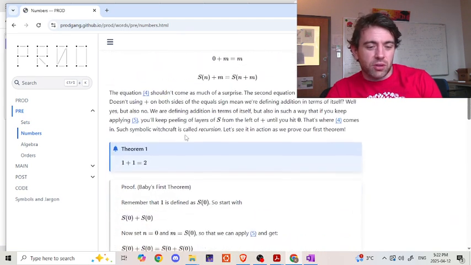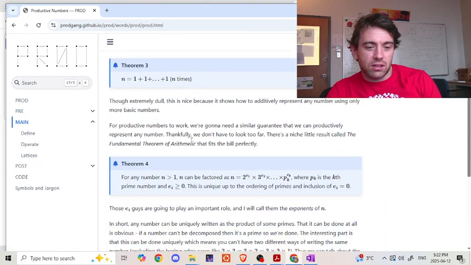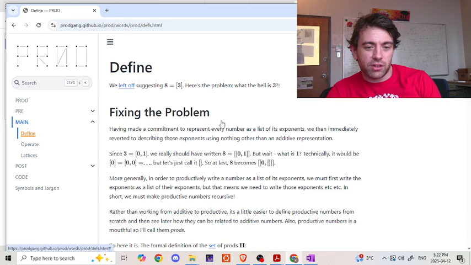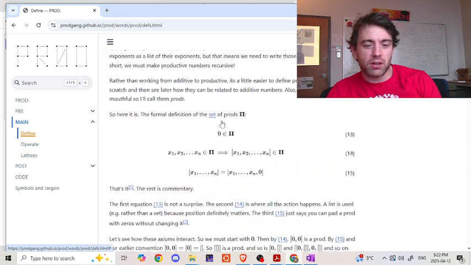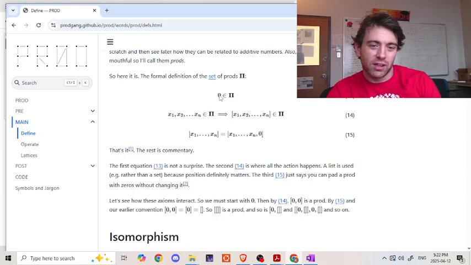So they talk about the ordinary axiomatization, and then in this section, I guess they talk about the set of prods, they call it, capital Pi. So first they assume zeros in there, then they assume any numbers are in there.